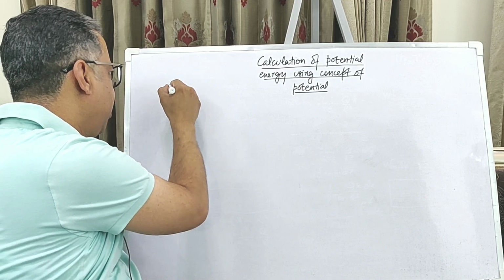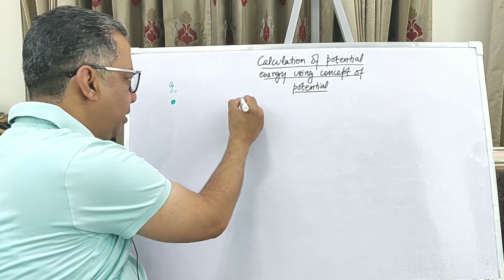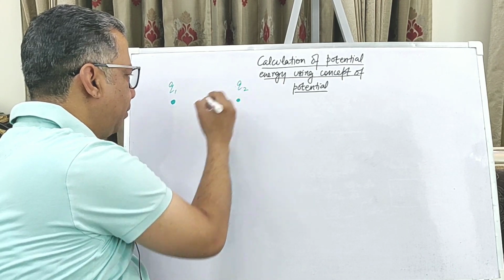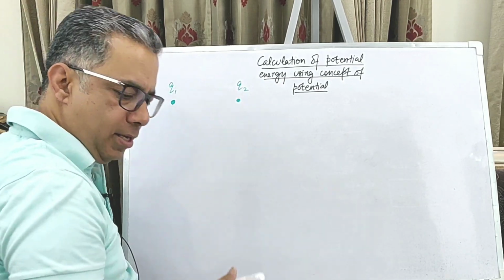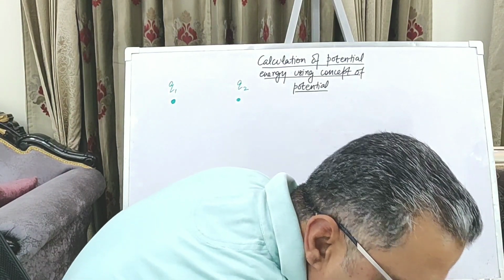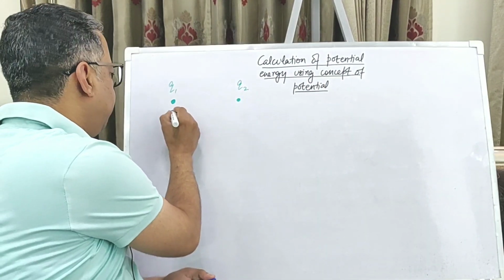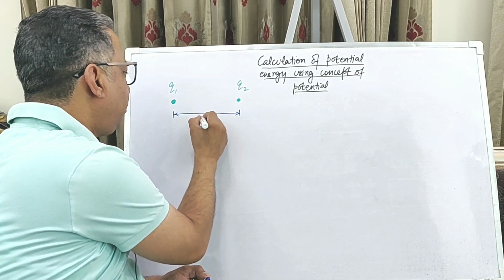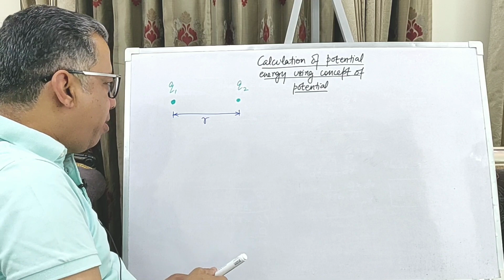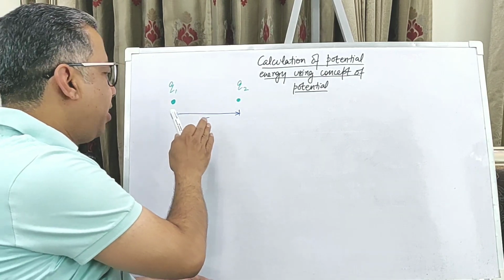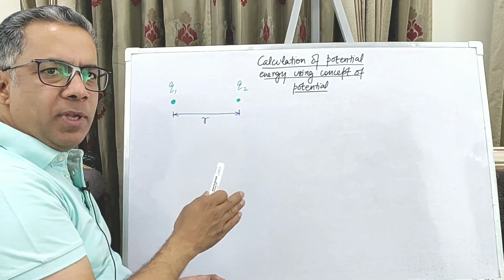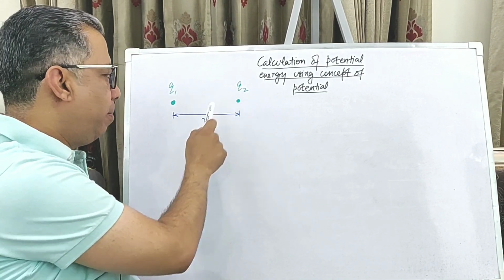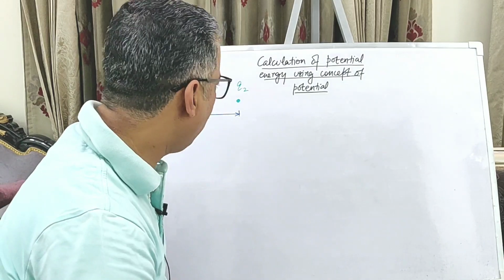The first one is Q1 and the second one is Q2, and they are placed at a distance r apart from each other. We already know that their potential energy would be equal to 1 by 4 pi epsilon naught Q1 Q2 by r. That's something we already know.